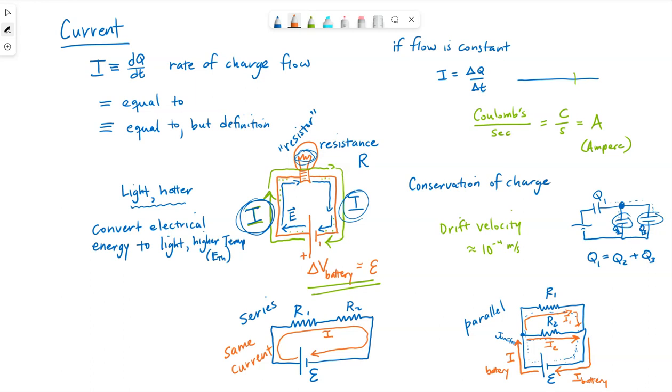Now, in terms of conservation of charge, what we can say here is the battery current continues flowing, but it splits into current that goes to resistor 1 and current that goes to resistor 2. And so we get this relationship that represents conservation of the charge flow. We call this a junction rule.